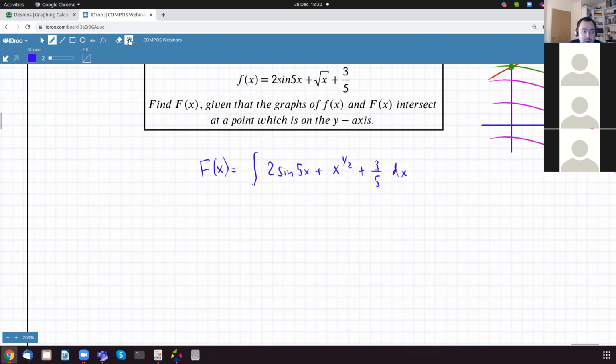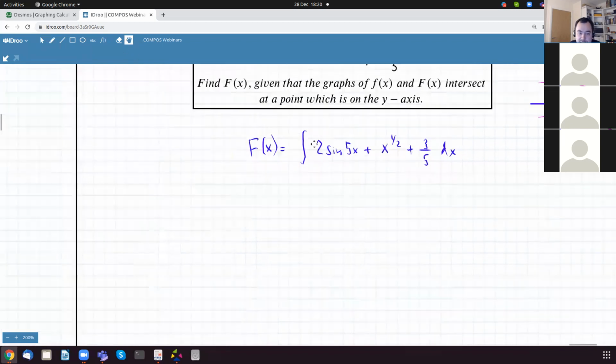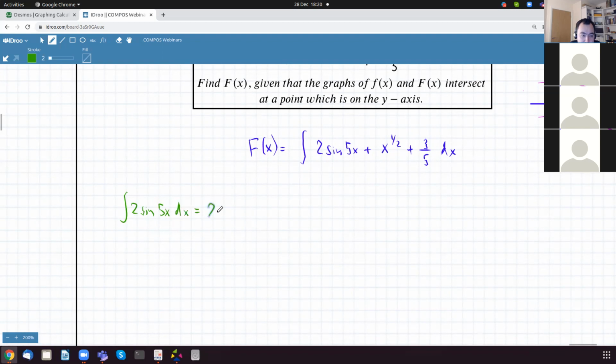So the interesting integral here is this one. So let's write it down separately. So the integral of 2 sine 5x dx. So we can take the 2 out. Sine 5x dx.